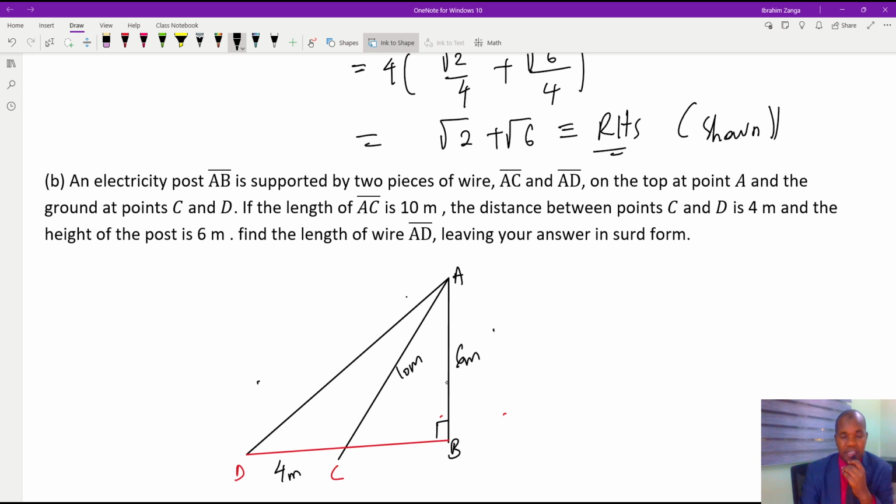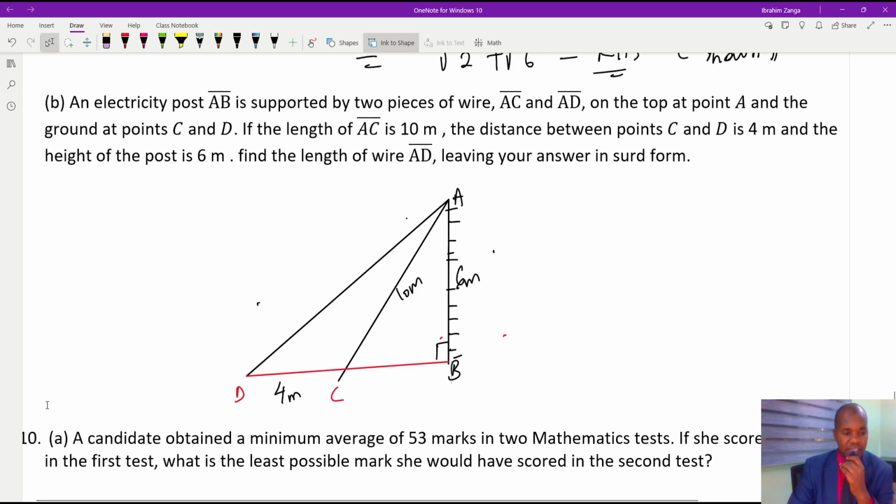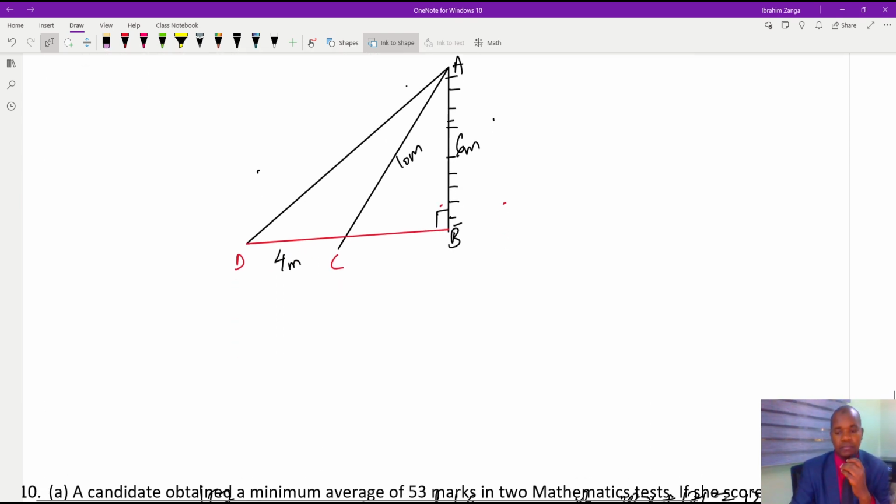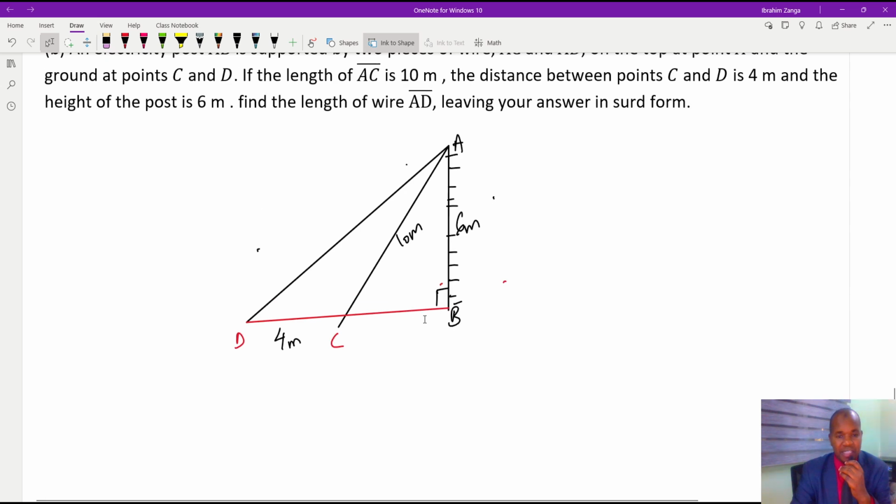This is a right angle, and this is our post, by the way. So now we're supposed to find distance AD equals how much.